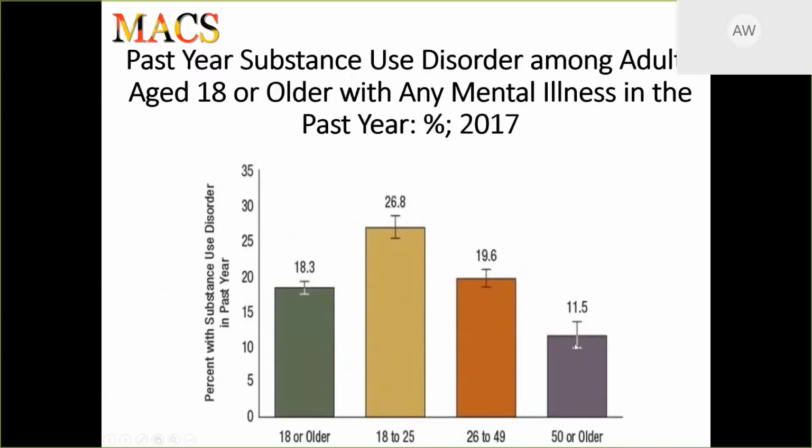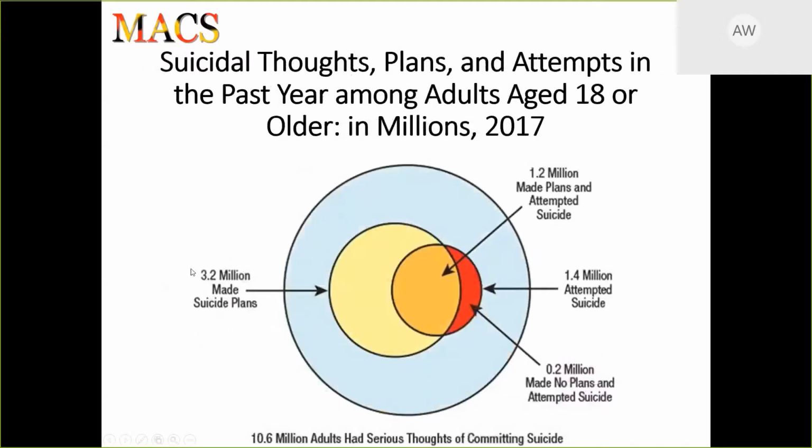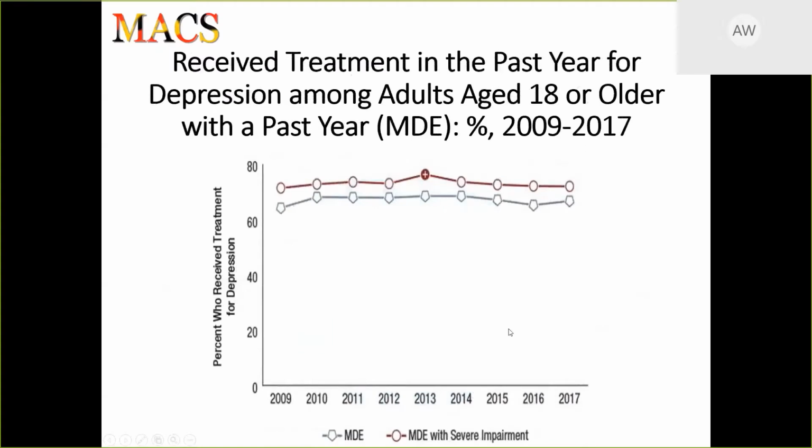Just to break down by ages, again, a lot in the young adults and less in middle-aged. We'll talk more about suicidal thoughts, but looking at just attempts and plans in the past year, 10.6 million adults with serious thoughts of committing suicide. So, huge issue with substance use disorders.